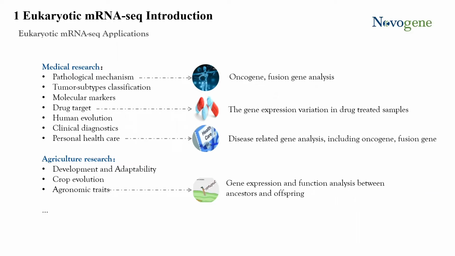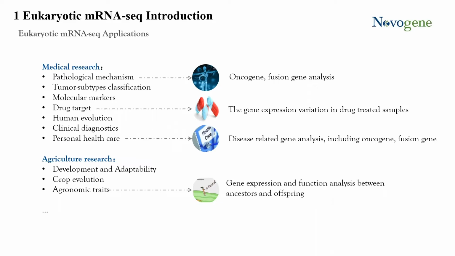Let's talk about some of the applications, as RNA-seq has been widely used in many fields. We can apply RNA-seq in medical research as well as agricultural research. In medical research, we can study pathological mechanisms. Our BI analysis includes oncogene and fusion gene analysis.